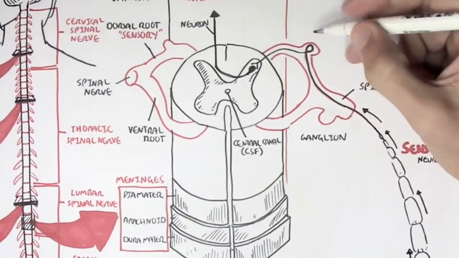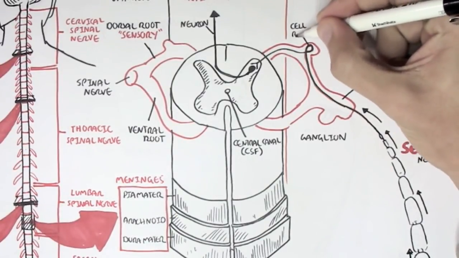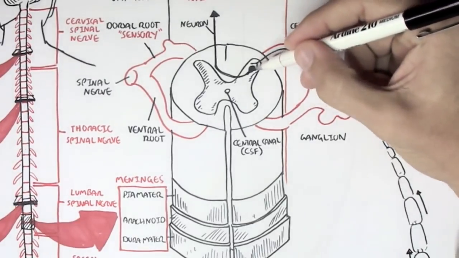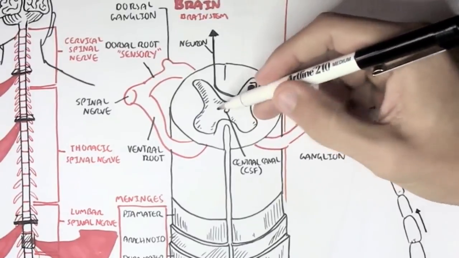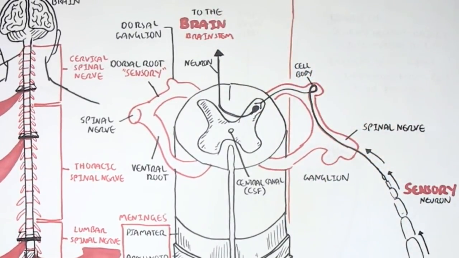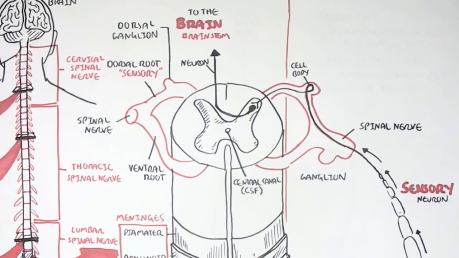The sensory neuron's body is located in the dorsal ganglion here. Then the sensory neuron will pass on the information to the second neuron. The second neuron will then bring this sensory information to the brain or brainstem for processing, for realizing that there is some sensory information coming to the body.